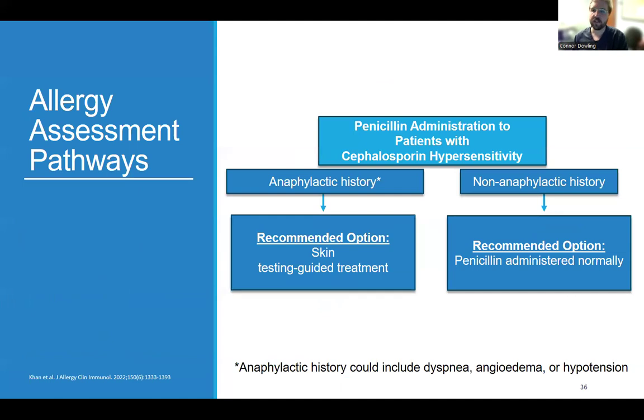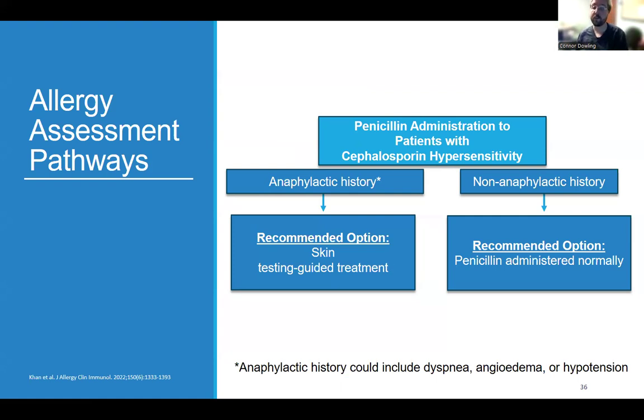And then finally, this other allergy assessment pathway is for administering penicillins to patients that have a cephalosporin hypersensitivity reaction. So this is a situation where we're thinking of administering amoxicillin when we have a history of a cefdinir allergy, for example.